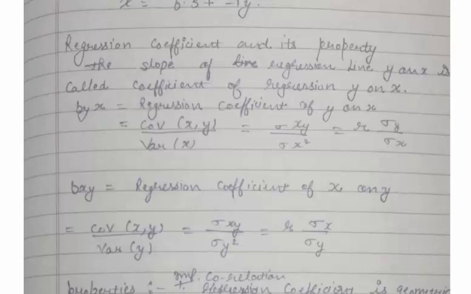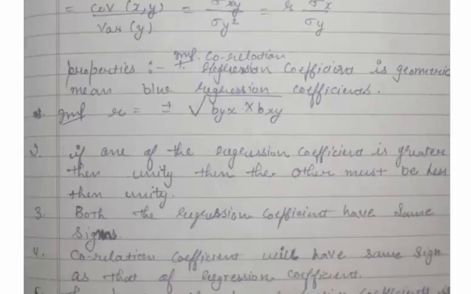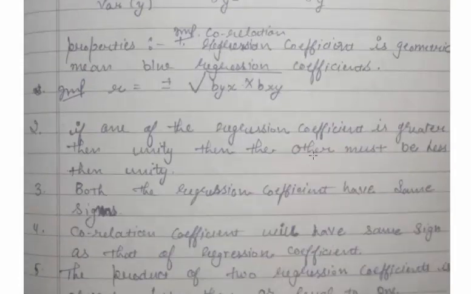Now we discuss some properties of the regression coefficient. The correlation coefficient is the geometric mean between the regression coefficients. That means our r equals plus minus under root byx into bxy. Our correlation coefficient is represented by r.